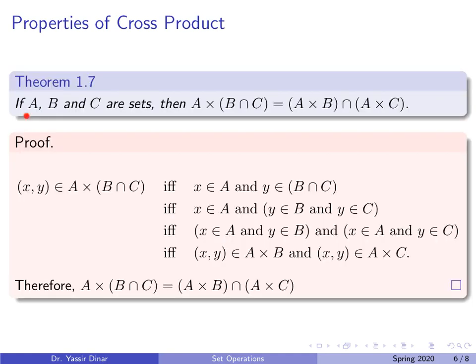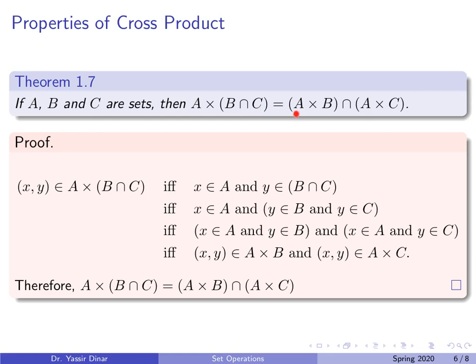Now we speak about the properties of the cross product. Let's take three sets, so A, B, and C are sets. Then the set A cross the intersection of B and C is equal to the intersection of A cross B with A cross C. For the first one, you take the intersection of B and C first, and then you do the cross product.